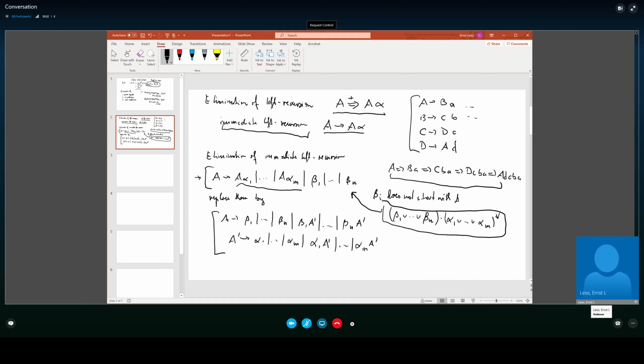Okay? Any one of those betas is a possibility, and then any sequence of alphas in any order, because obviously as long as we use this, we are going to get any alpha which we want. Now if we look at this, the A prime, what does the A prime generate? The A prime generates alpha 1 through alpha m.